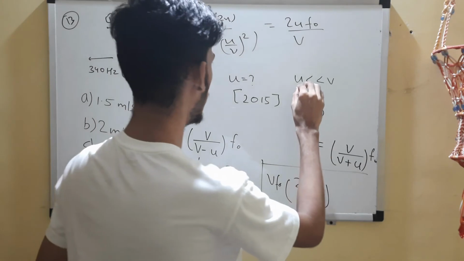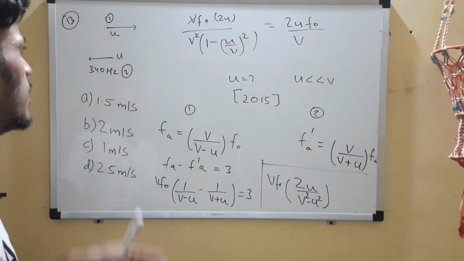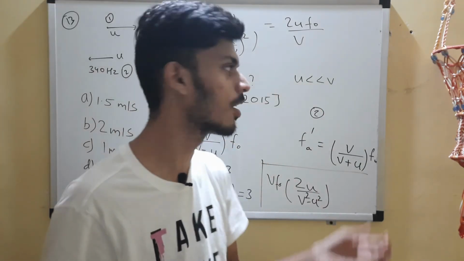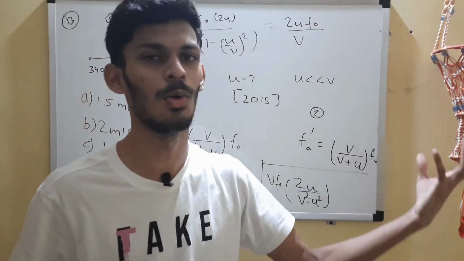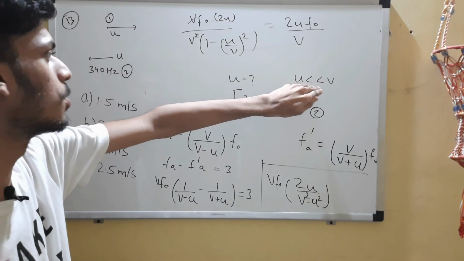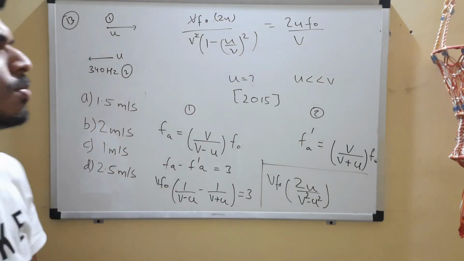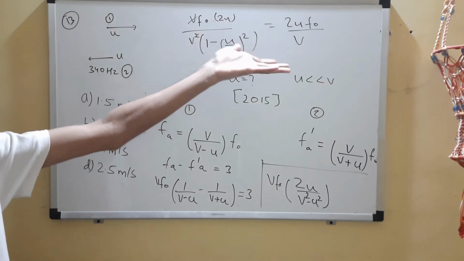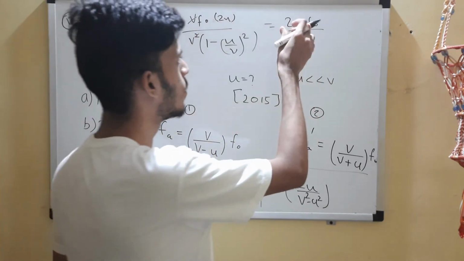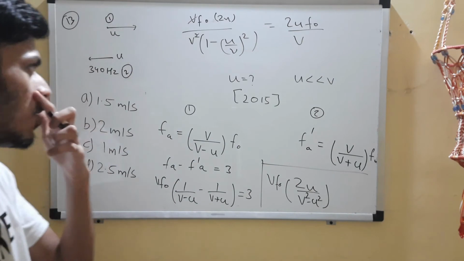Because you know that U, the velocity with which you are moving the tuning fork, is very much less than the velocity of sound in the air. So due to this assumption, this ratio will almost tend to 0, and 1 minus 0 will be 1. So the final answer that you get is 2U f naught by V.